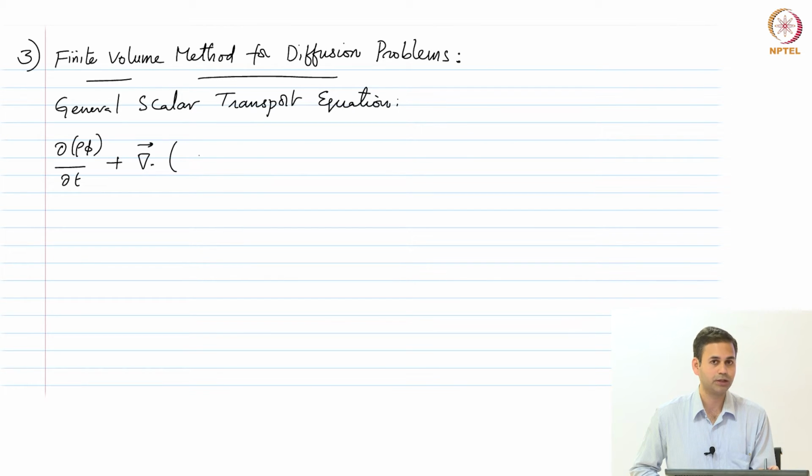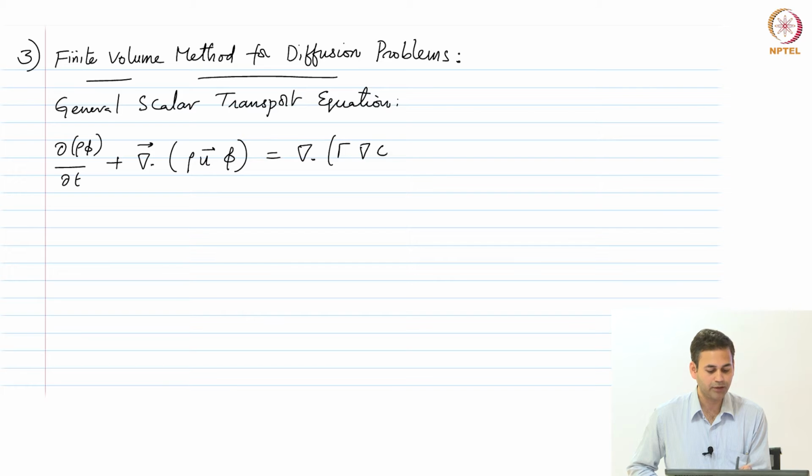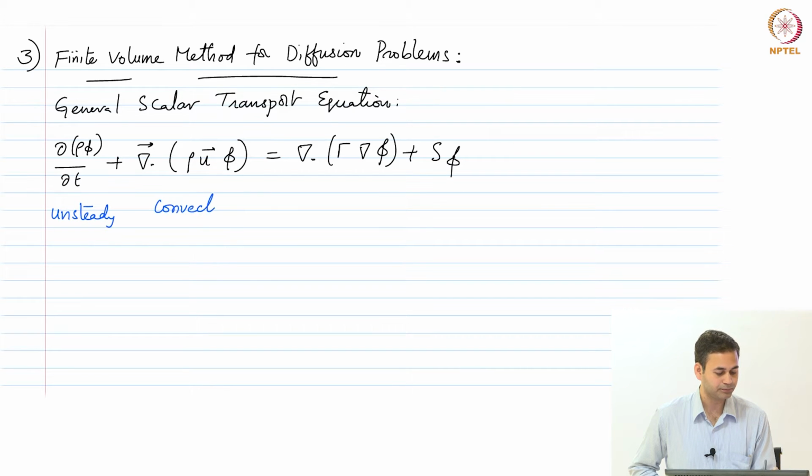Del dot rho u bar phi equals, on the right hand side, the diffusion term, that is del dot gamma grad phi, plus some source S phi, right? So we have an unsteady term, a convection term, a diffusion term and a source term. We have these 4 terms.